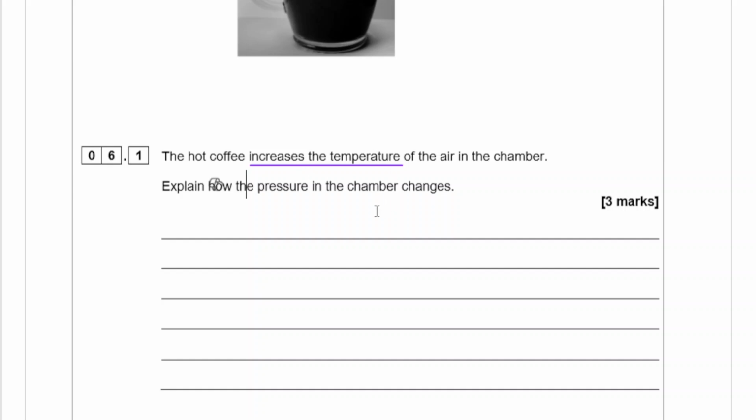If the temperature increases, the air molecules will move faster with increased kinetic energy. That means there is going to be more collision with the walls of the chamber, right? That increases the pressure because there's more force per unit area.